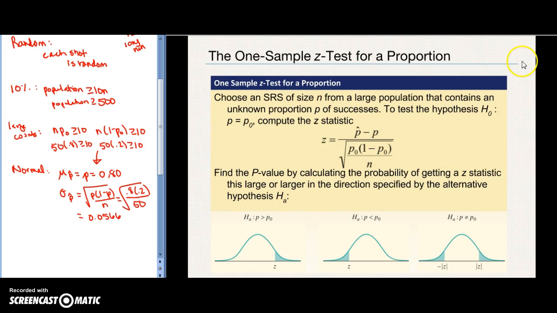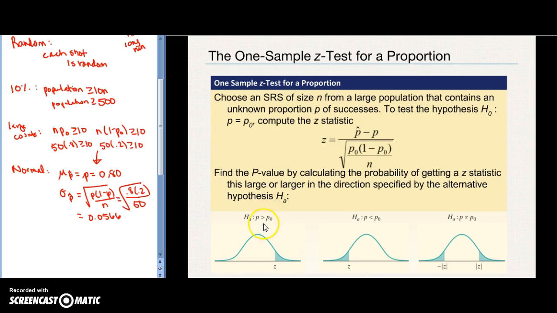We refer to our inference procedure as a one-sample z-test for proportion. Again, make sure that we have a simple random sample. They're doing their statistic minus their parameter divided by the standard deviation, in this case using the parameter, and then you find the p-value.